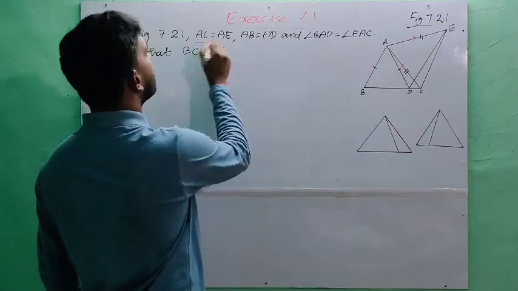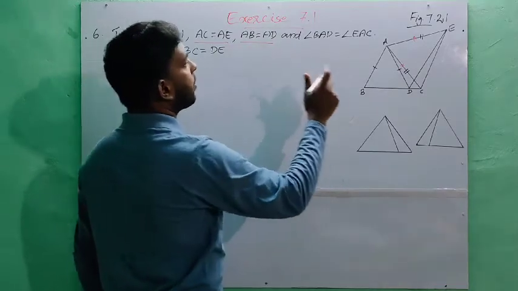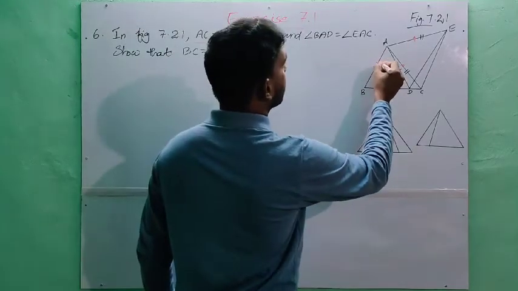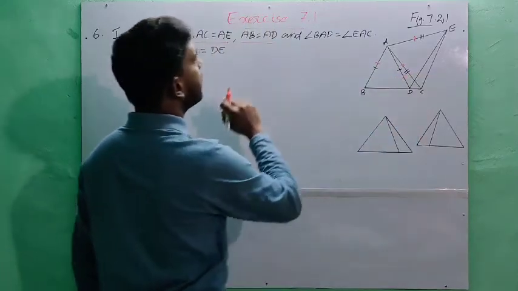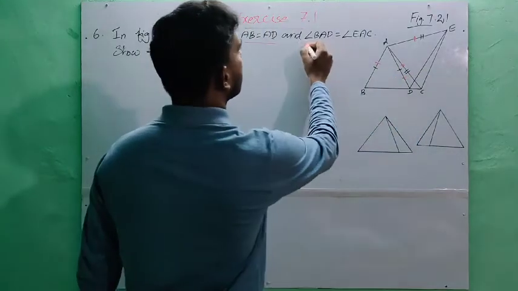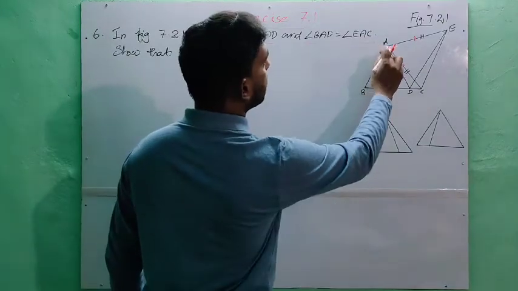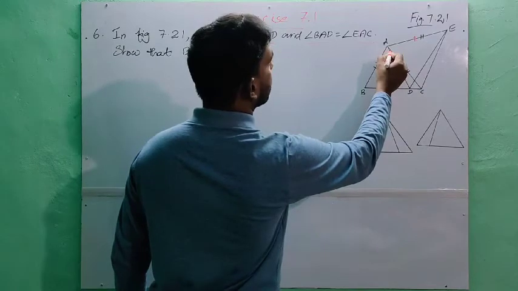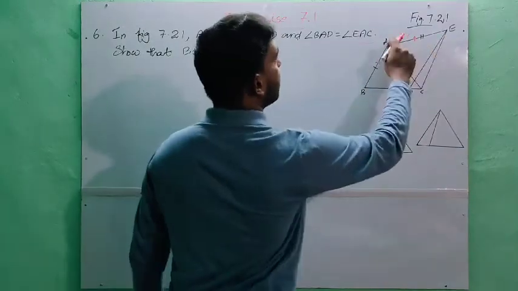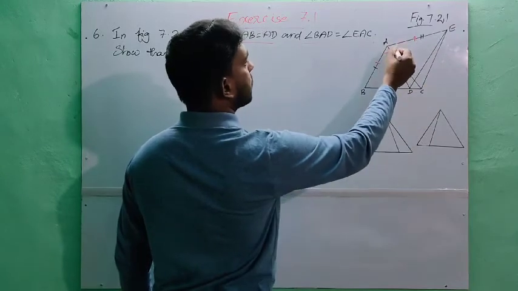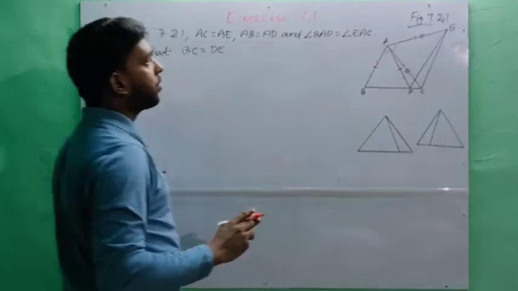So it says that another two sides are equal: AB is equal to AD. And one more thing given in the question, that angle BAD is equal to angle EAC. So this is what is given in the question.